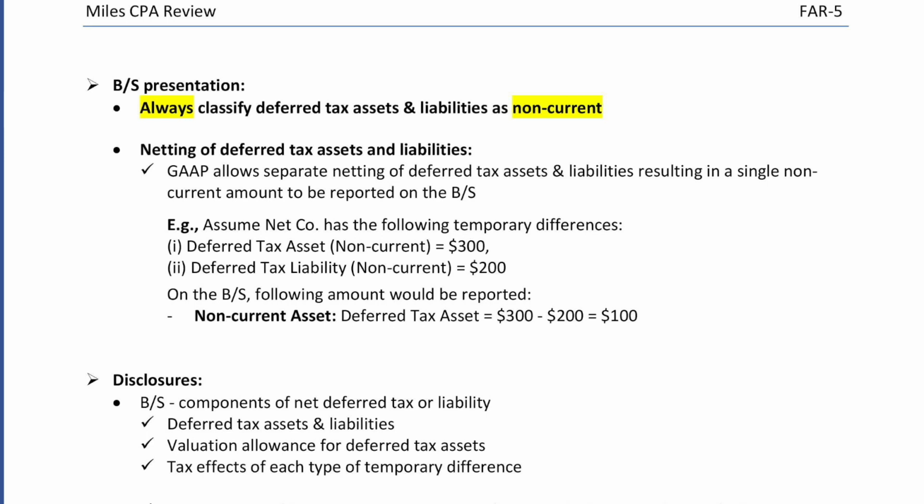So that could be maybe a non-current deferred tax asset or a non-current deferred tax liability.